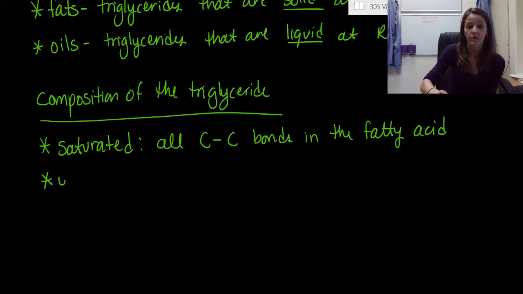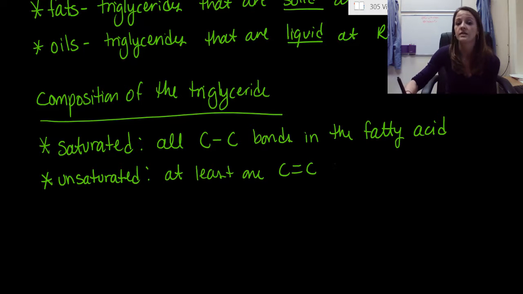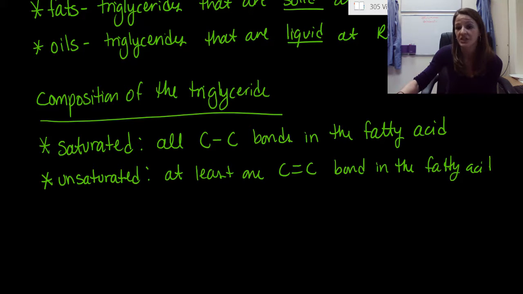Now, the opposite of that would be something that is unsaturated. In an unsaturated fat or oil, for this example, we would say that it has at least 1 carbon-carbon double bond in the fatty acid. Okay? But we don't stop there.